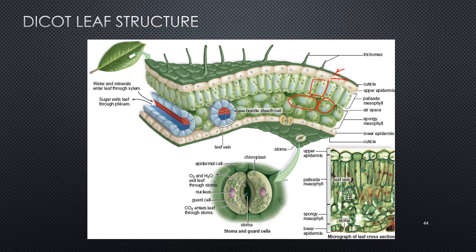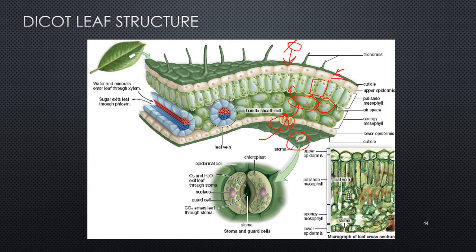So spongy mesophyll cells have a lot of air spaces in between them. Now, why would that be? Remember when we talked about how our dicot leaves had guard cells and stomata on the underside of the leaf and not so much on the top? Well, if we are expecting gas exchange through these stomata only on the underside of the leaf, we have to get that air or that carbon dioxide through to the whole leaf.